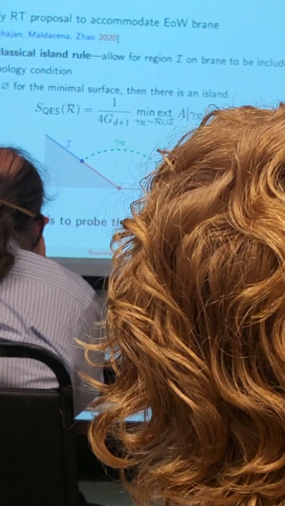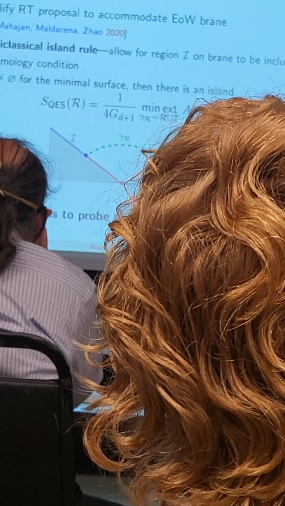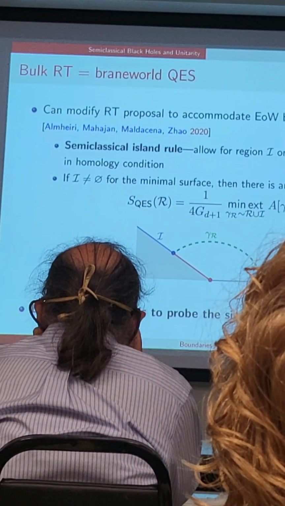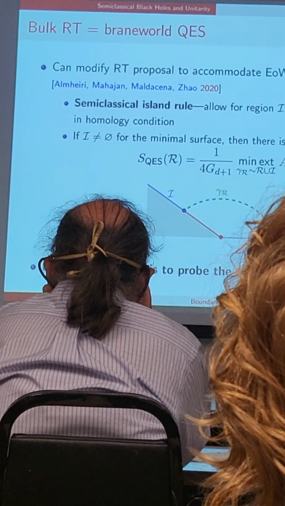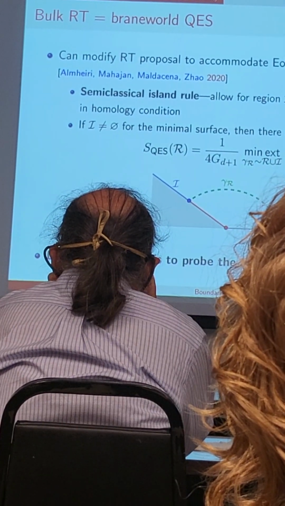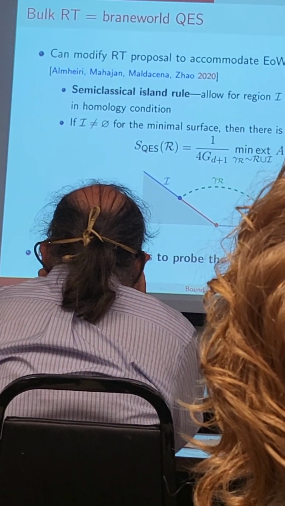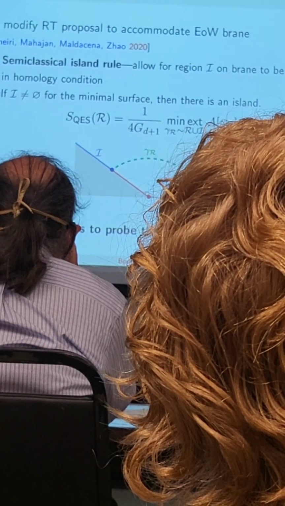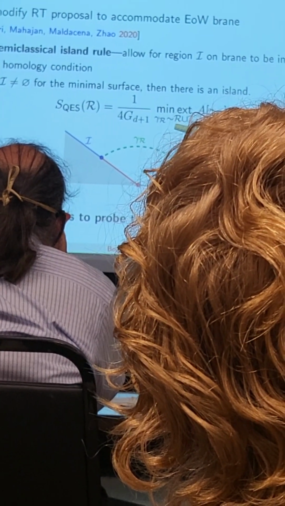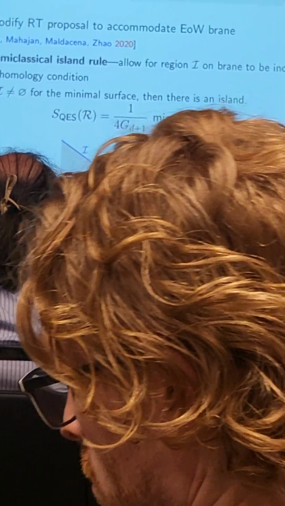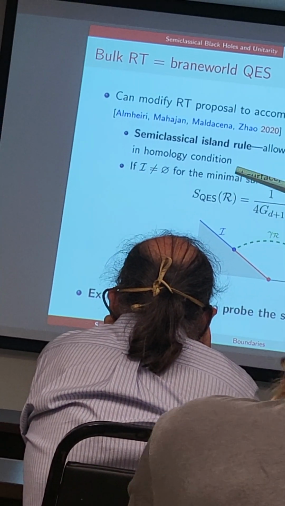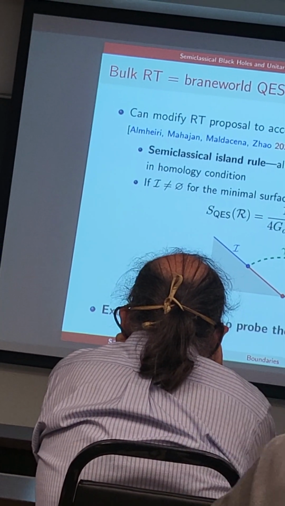Now, in that paradigm, there's a modification to the RT proposal to accommodate that end of the world brane in the bulk. And basically, this is something I'll refer to as a semi-classical island rule. So we basically modify our homology condition to allow for, on top of the R from before, which is the subregion in the CFT, subregions I on the brane as well.